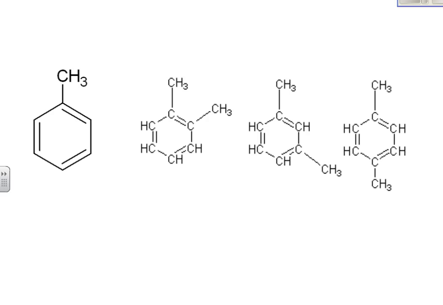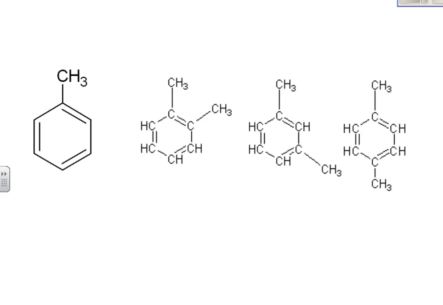Now, the benzene ring, naming of this, there's 2 different naming conventions that we can use. One is just a straight numbering convention. So I'll show that in green. So if we look at the first one here, this would be methylbenzene. And what we would do here is number things starting with the relative position.